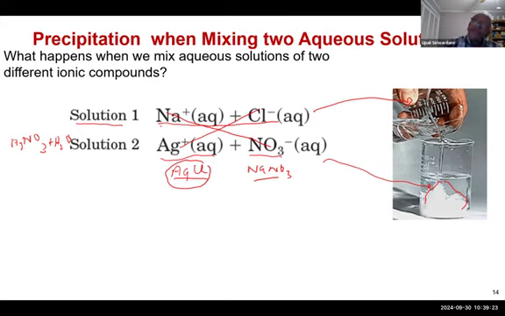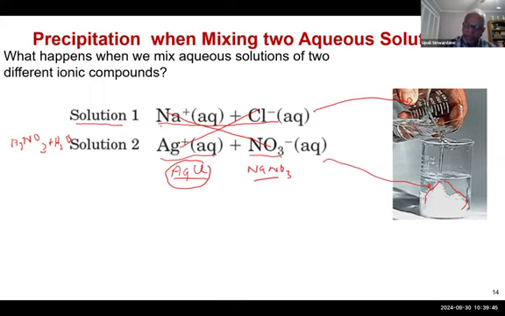White color, it's a solid, and has a white color. Therefore, silver chloride is precipitated. That's how you identify what takes place when two ionic compounds in water are mixed.